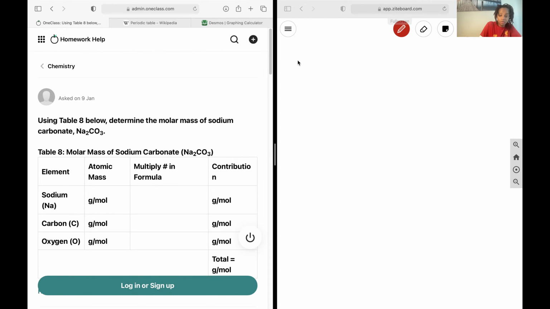In order to calculate the molar mass, let's just recall what it is: it's just the sum of the number of a specific atom, multiplied by the atomic mass of that atom.